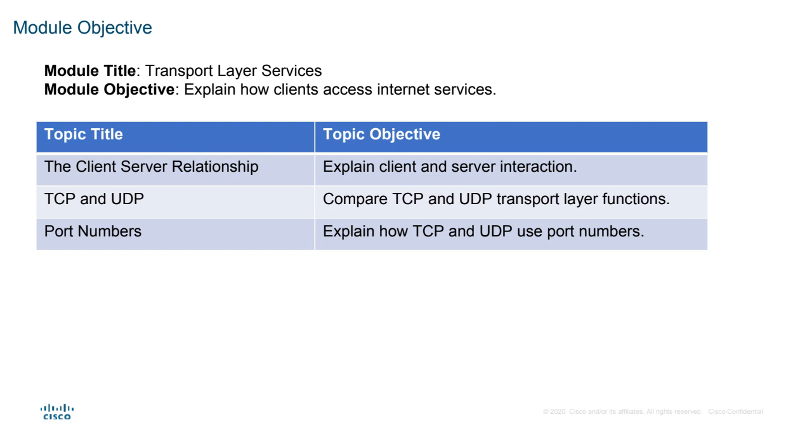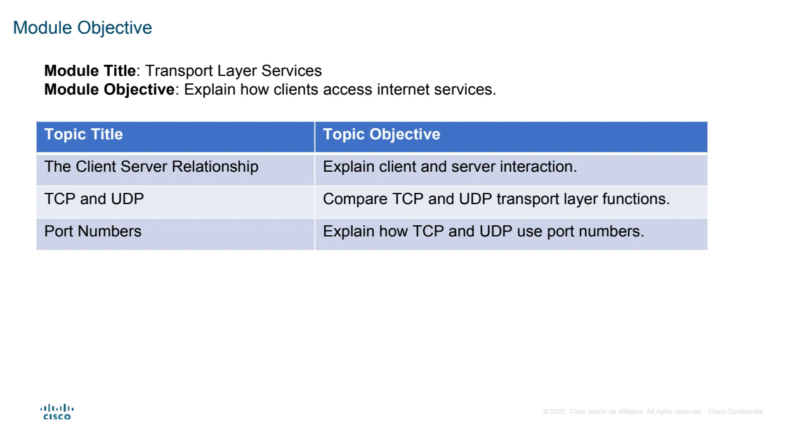What are the two most famous protocols in the transport layer? TCP and UDP. Which one is reliable, TCP or UDP? TCP is reliable, but it is slower. UDP is not reliable, but it is faster.